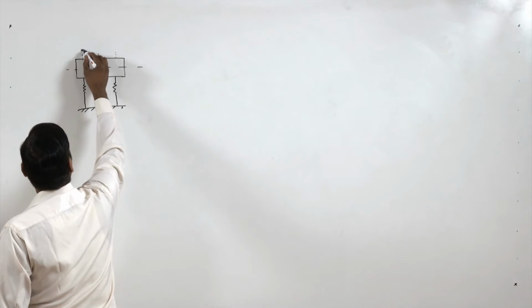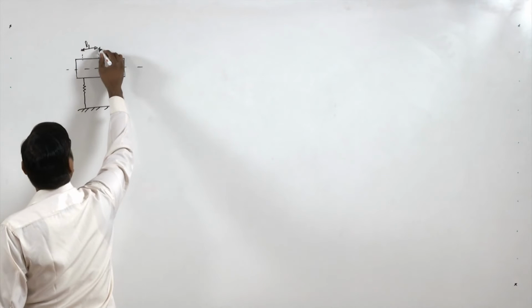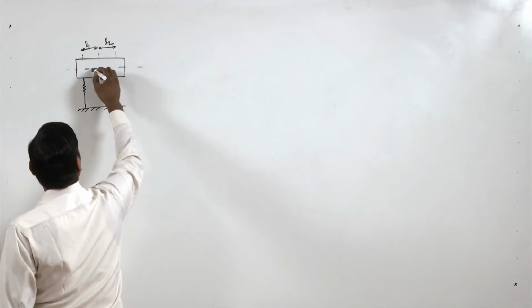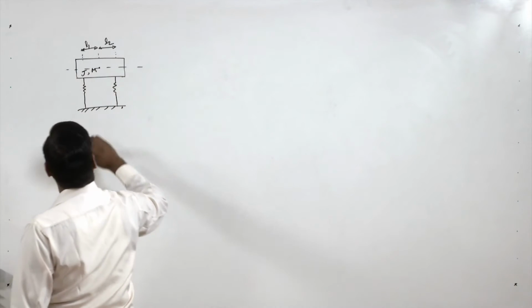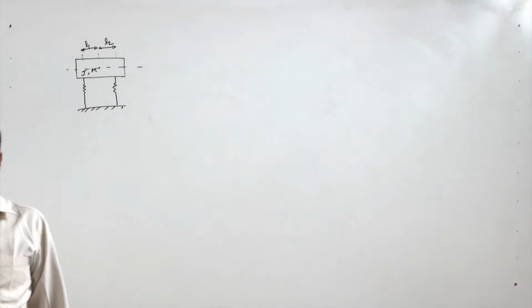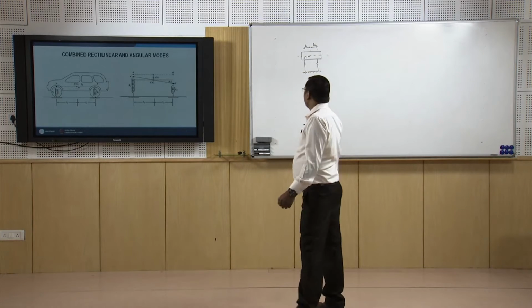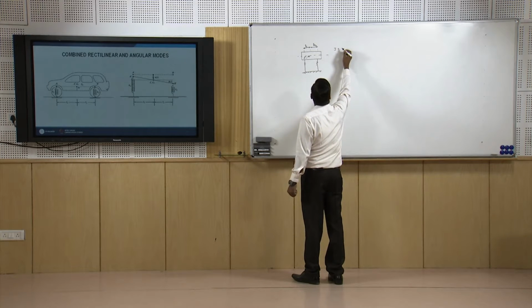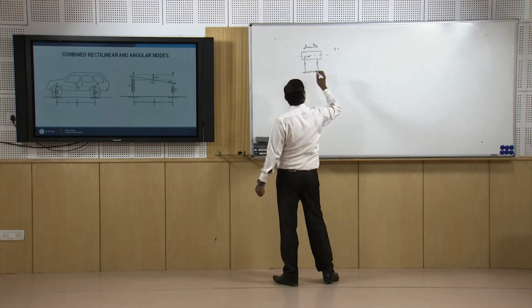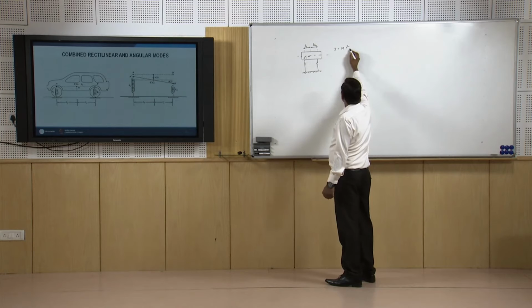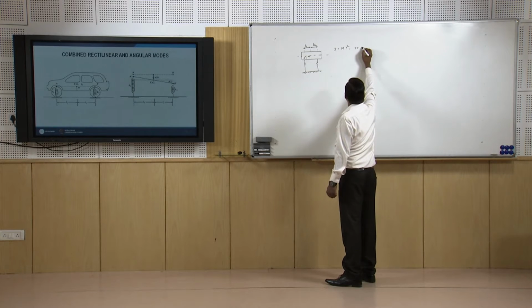This distance is L1 and this distance is L2, and this is M and J. J is the moment of inertia of this mass about its axis passing through the center of mass, and J is equal to m r square, where r is the radius of gyration.